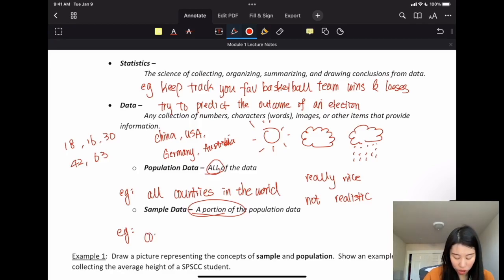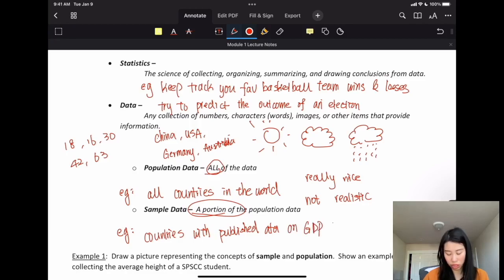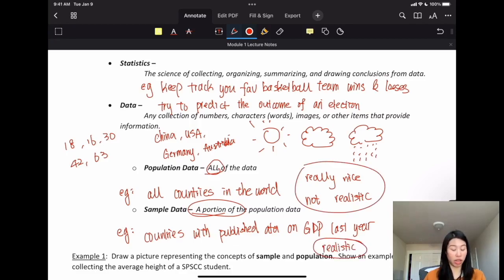Instead of trying to find GDP from every country, we can only look at certain countries with published data on GDP last year. So this is more realistic if they have published data, but maybe not as accurate as population data.